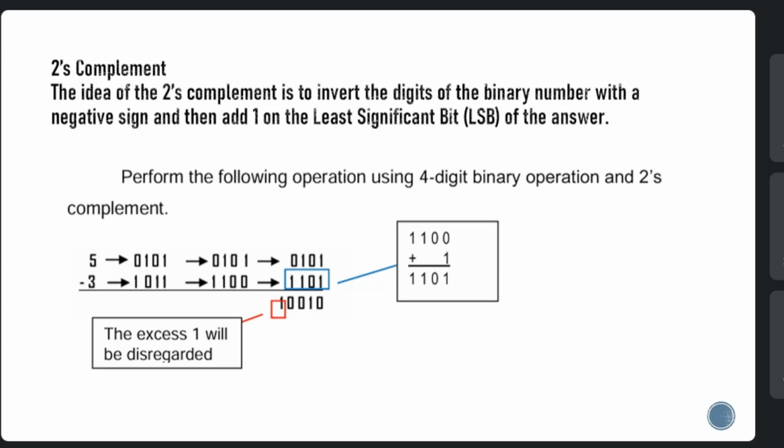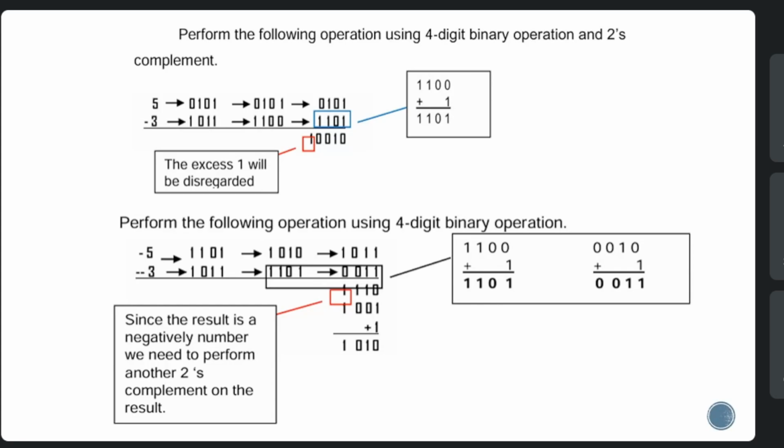It's just like the decimal number: 5 minus 3 is 2. So this is just in binary. Okay, so for 4-digit binary operation in two's complement, since the result is a negative number, we need to perform another two's complement on the result.